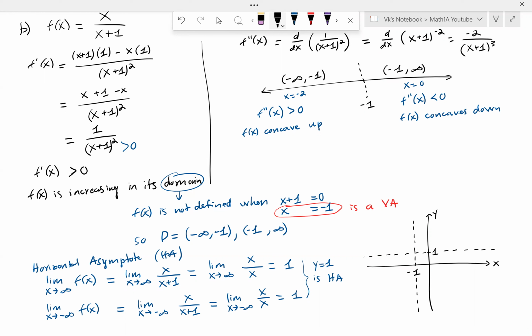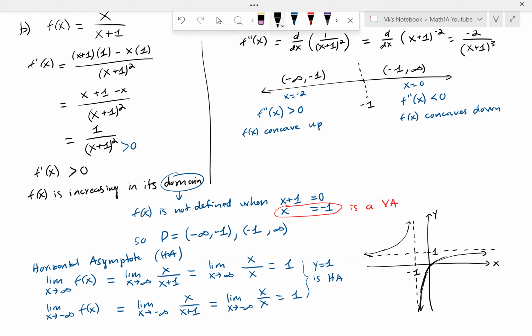So increasing and concave up looks like this. From -1 to infinity, the function is increasing and concave down. It looks like this. So there's the sketch of the rational function.